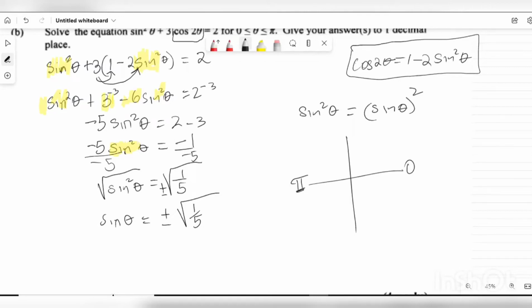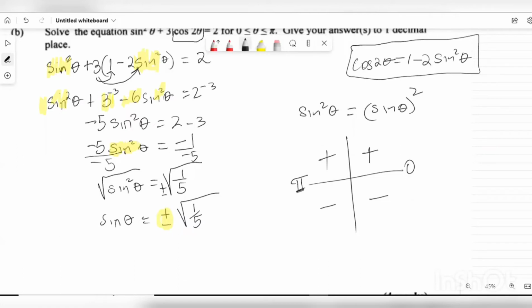And by the time we reach the second quadrant, sine is positive here, sine is positive here, sine is negative here, sine is negative here. So then the plus or minus, you're going to have to think about these ideas. You don't just run with them. It is in context of where the question wants us to go.